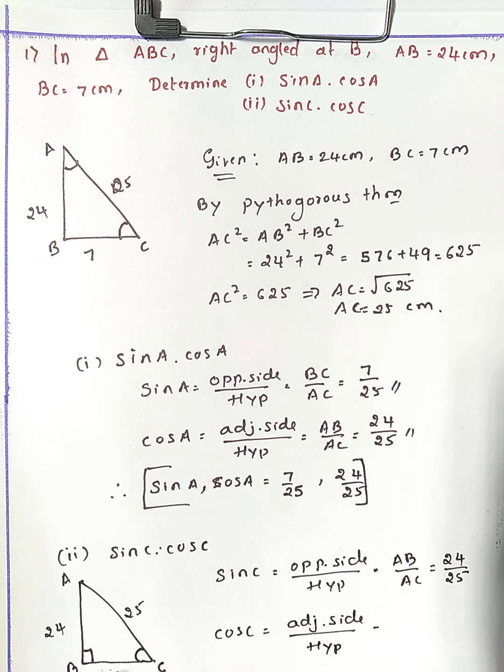For cos C, adjacent is BC. BC upon AC. BC is 7 and 25. Therefore, sin C and cos C are 24 by 25 and 7 by 25. This is the answer.